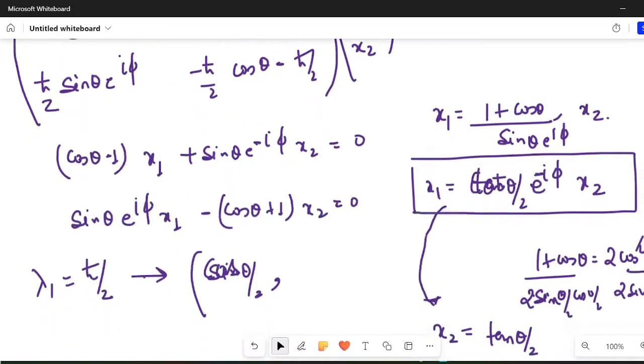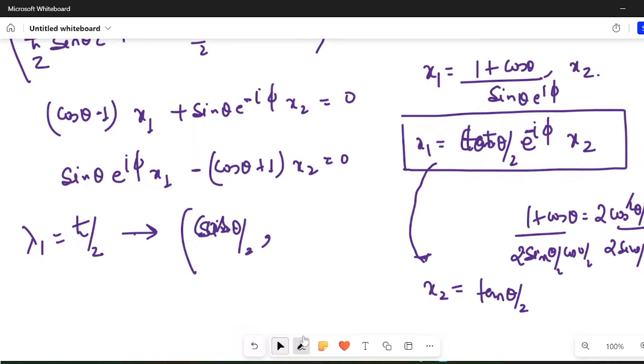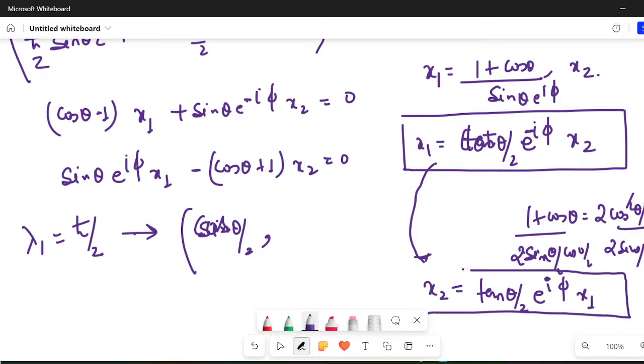And my x2 can be written as tan theta by 2 into e^(iφ) x1. So x2 would become tan theta by 2 into e^(iφ) x1, right? If I want to write my x1 as cos theta by 2, then I'm left with sin theta by 2 e^(iφ).